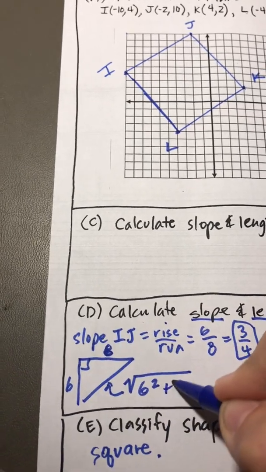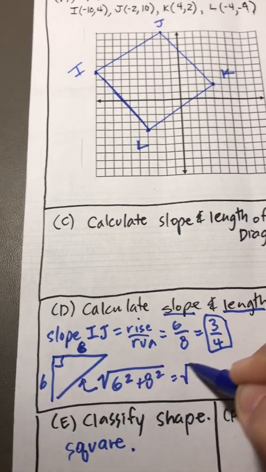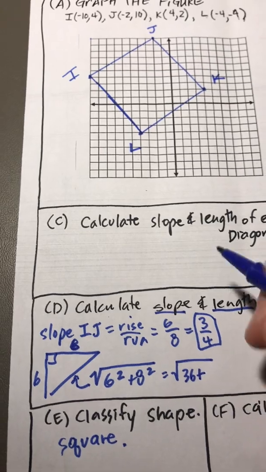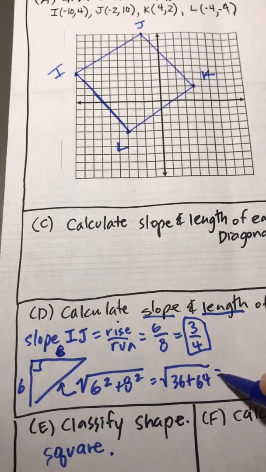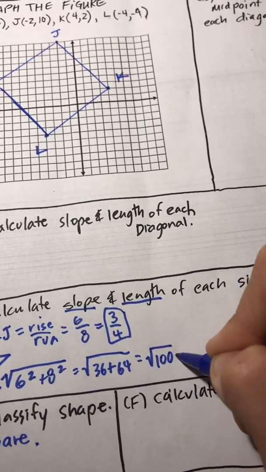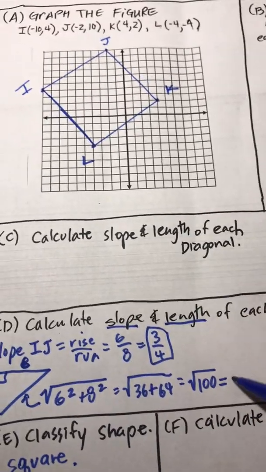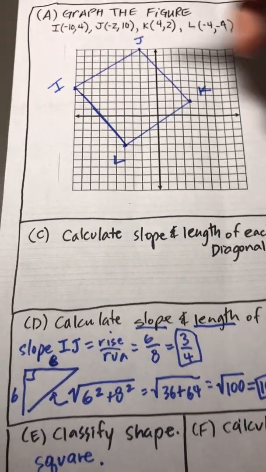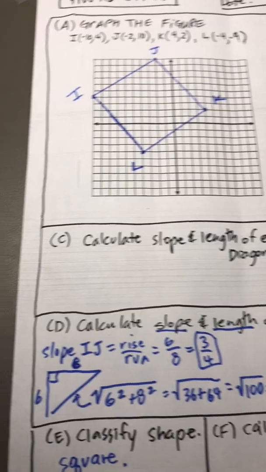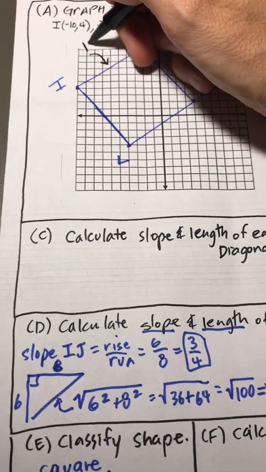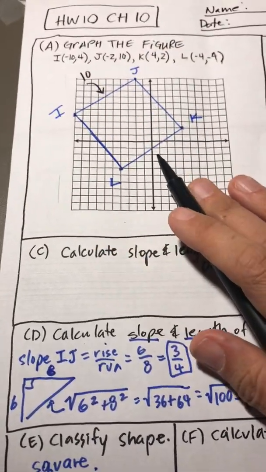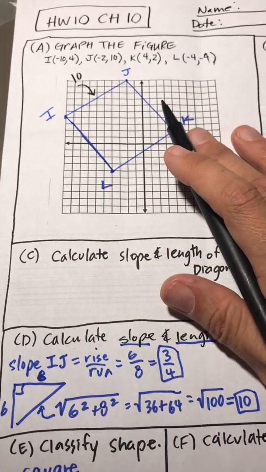So I have 6 squared plus 8 squared, and I'm noticing that this is a pattern I recognize. I get a square root of 100, and then that's 10. Okay, so the length of this side is 10. And my hypothesis is that that's 10, and actually that might be 10, and that might also be 10.